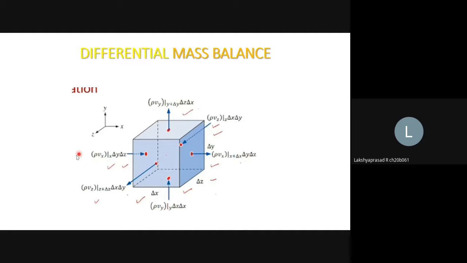As you can see, the fluid is entering the x surface, leaving the x surface over here, and also in the y and z directions. We have written down the net mass flow rate across each pair of surfaces, the net outflow.